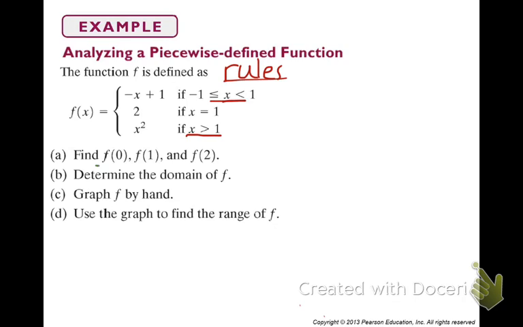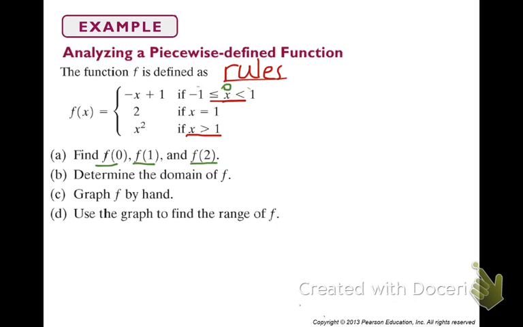Okay, so we're going to start off with finding f of 0, f of 1, and f of 2. To find f of 0, you're going to have to come up to your rules and your intervals. And where does the 0 fall in your intervals, in your restrictions? Yeah, it's in between the negative 1 and the 1. Your 0's right there, okay?